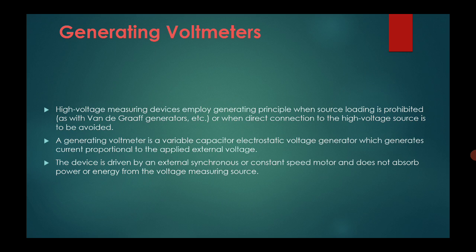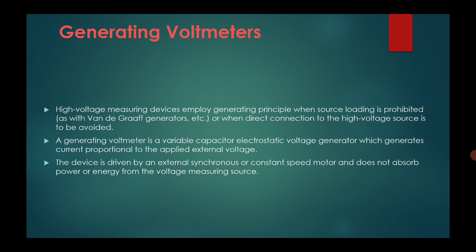So when that is not allowed, we create a voltmeter that generates the voltage. High voltage measuring devices employ the generating principle when source loading is prohibited, as in the case of Van de Graaff generators, or when direct connection to the high voltage source is to be avoided.